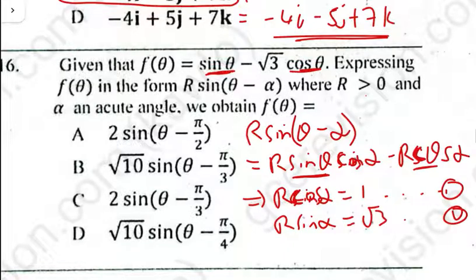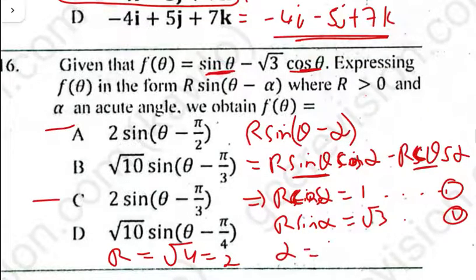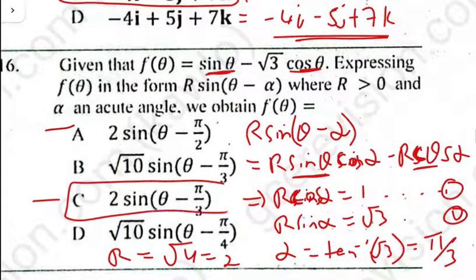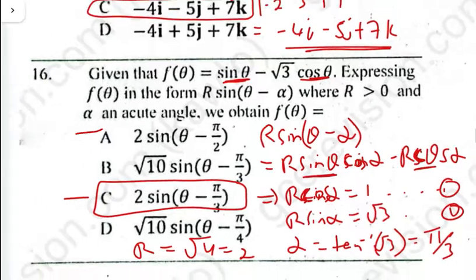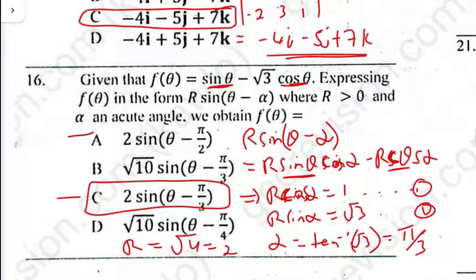So from here, our r is the square root of 1 squared plus root 3 squared. That's going to be equal to 4. So r equals the square root of 4, which is 2. So you can see that either A is going to be the answer or C. And our alpha is going to be tan inverse of root 3. And that's pi on 3, right? Because pi on 3 is 60 degrees. So our key is C. Question 17.